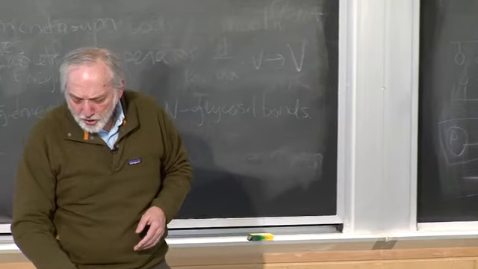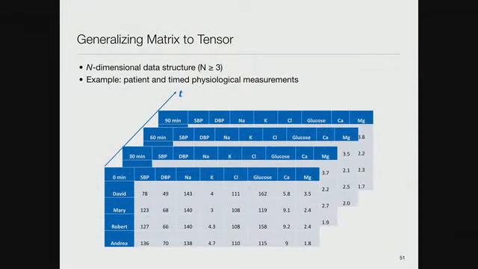So his approach was a tensor factorization approach. You often see data sets like this that say, patient by characteristic. So in this case, laboratory measurements, so systolic, diastolic blood pressure, sodium, potassium, et cetera. That's a very vanilla matrix encoding of data.